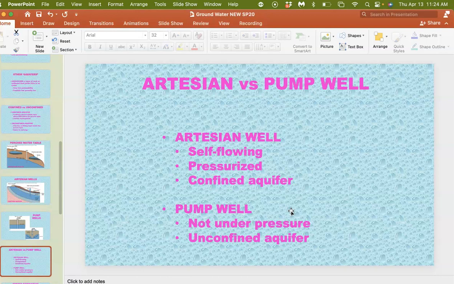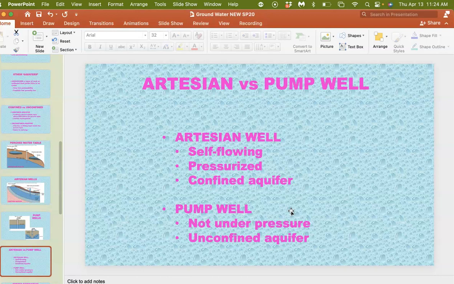All right, so just to recap, you are going to see a handful of questions about this. This is why we're spending so much time on it, and I actually queried you for answers and whatnot. So you have 2 types of wells. You've got the self-flowing and you've got the needs-help-flowing. The self-flowing is so because it's pressurized.